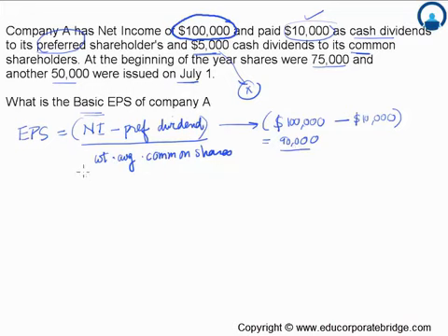Okay, now let's look at what is the story behind the shares data of company A. So let's try to map this. At the start of the year, the number of shares were 75,000. This was in the month of Jan, and on 1st of July we saw that another 50,000 was issued for the remaining part of the year.